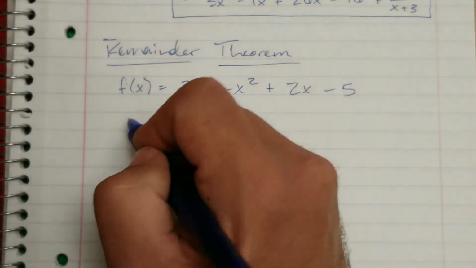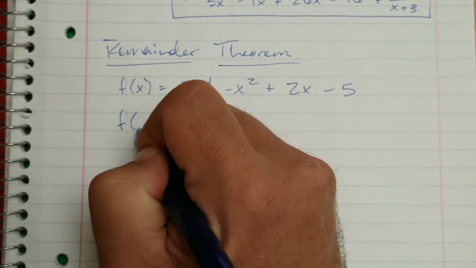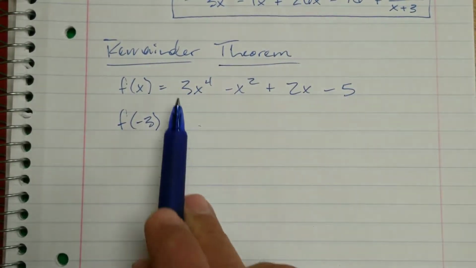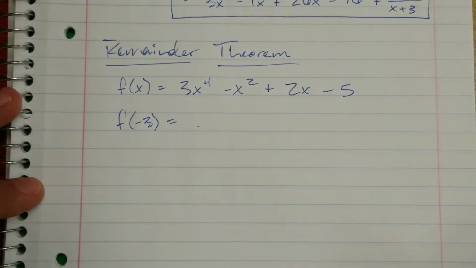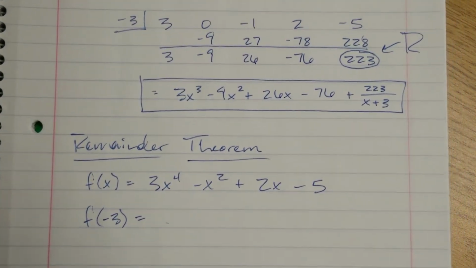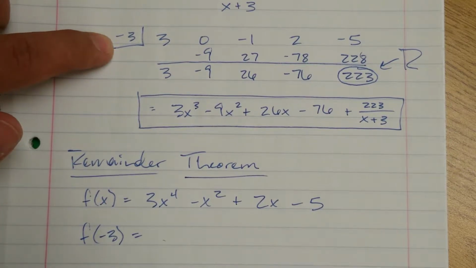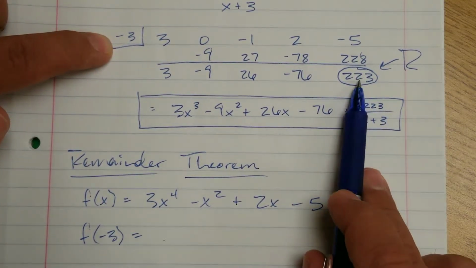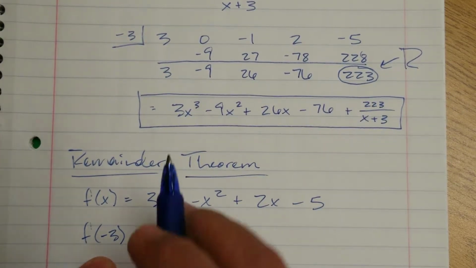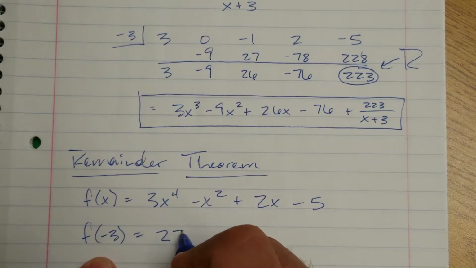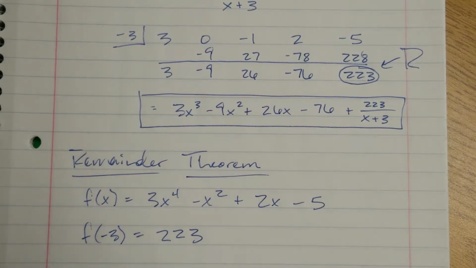We could plug in something like -3 right here and plug that in for x all the way. But in our example above, if you look, we had a -3 in the box and we got 223 as our remainder. If you were to work through this problem down here, you would see that you would get that remainder right there if you plugged in a -3. And that's the remainder theorem.